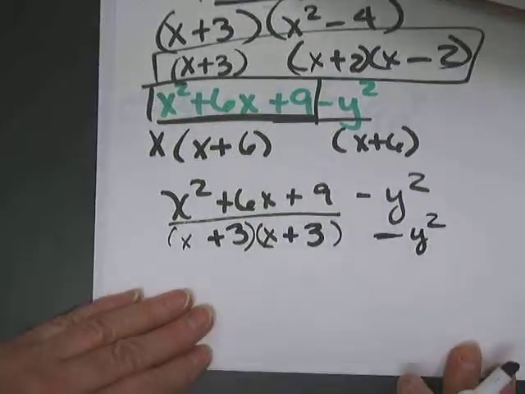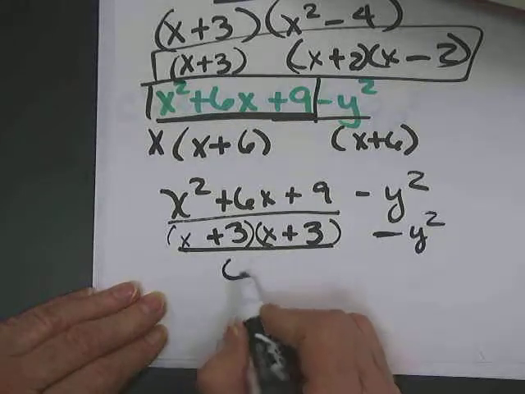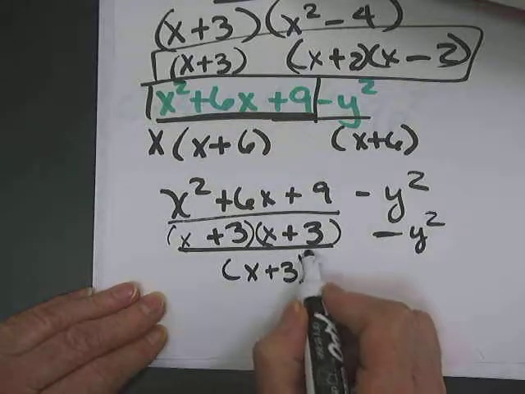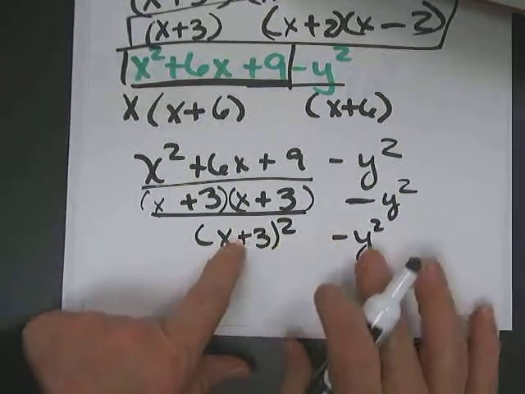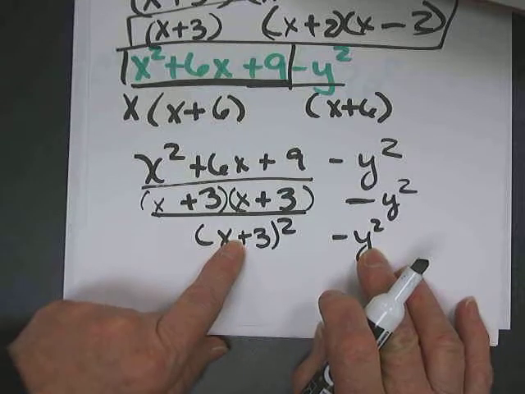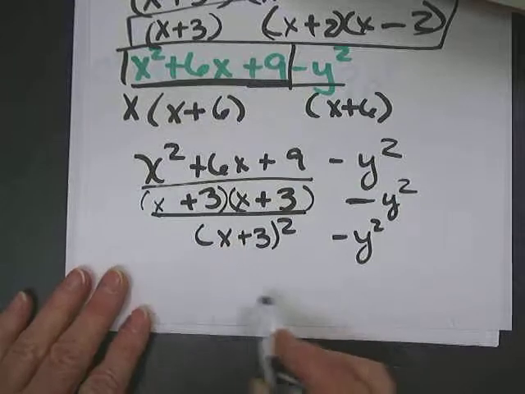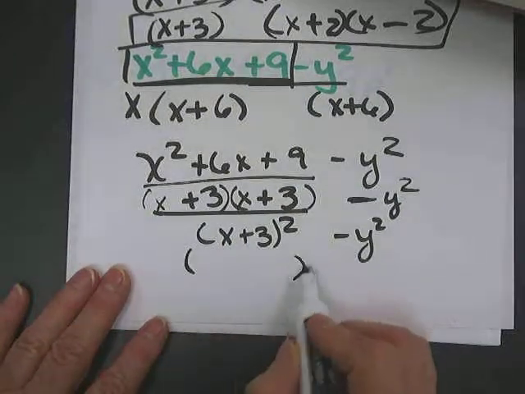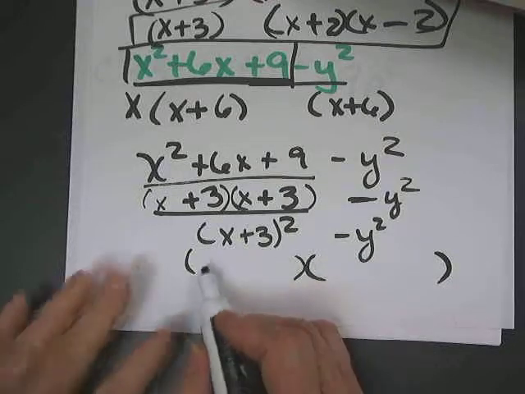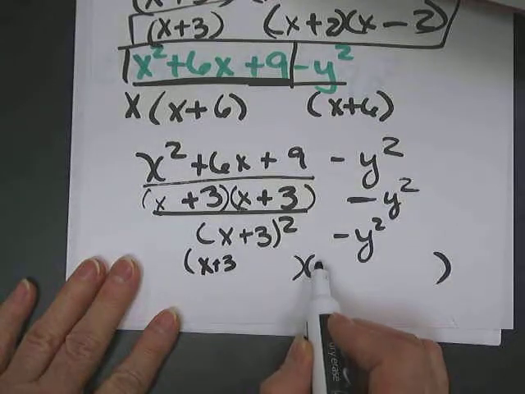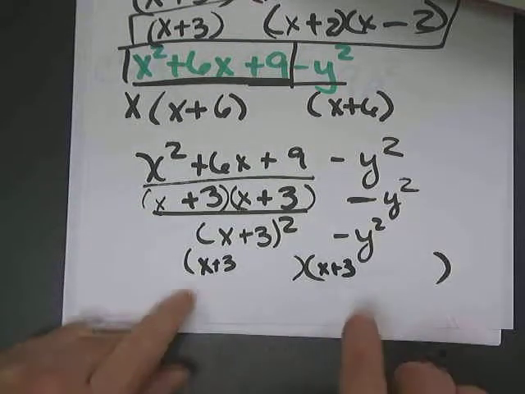Does that factor? X and x, minus 3 and 3, that adds up to 6. So this is plus a plus, right? And I'm gonna bring my minus y squared down. We have a difference of perfect squares.